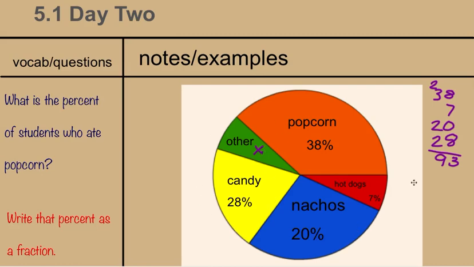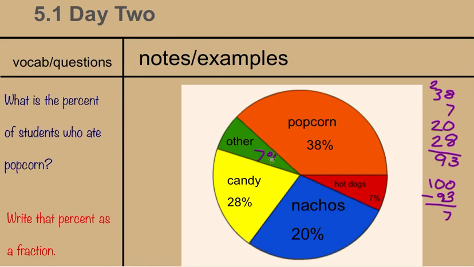If I know that this whole thing is representative of 100% of the population, I can figure out how much this other is. I can figure out 100 minus 93. This is 7. I know that this is 7%. So just for future reference, in case it comes up, we are going to mark down that this is 7%.